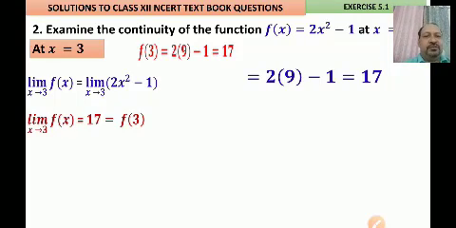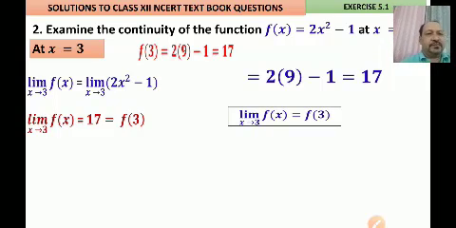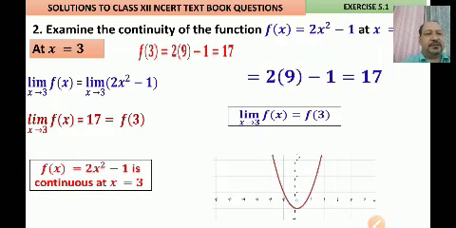17. As you know, in this question also, the limit value of the function is equal to the functional value of the function and both are equal to 17. So f of x equal to 2x square minus 1 is continuous at x equal to 3.